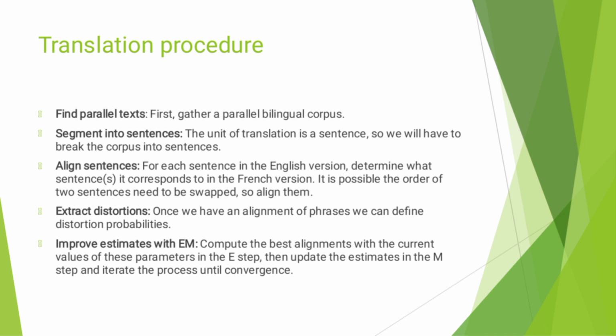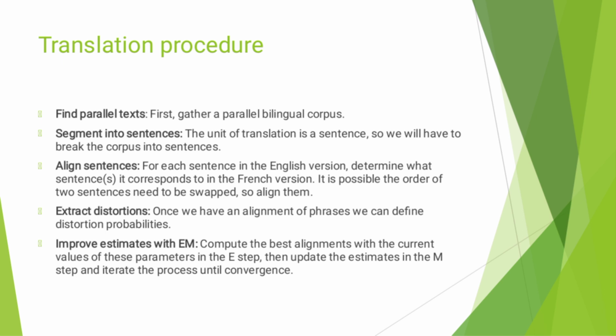Then the translation procedure: find parallel text, then segment into sentences, then align sentences, extract distortions, then improve the estimate with EM. Find parallel text: first gather a parallel bilingual corpus. Segment into sentences: the unit of translation is a sentence, so we will have to break the corpus into sentences.